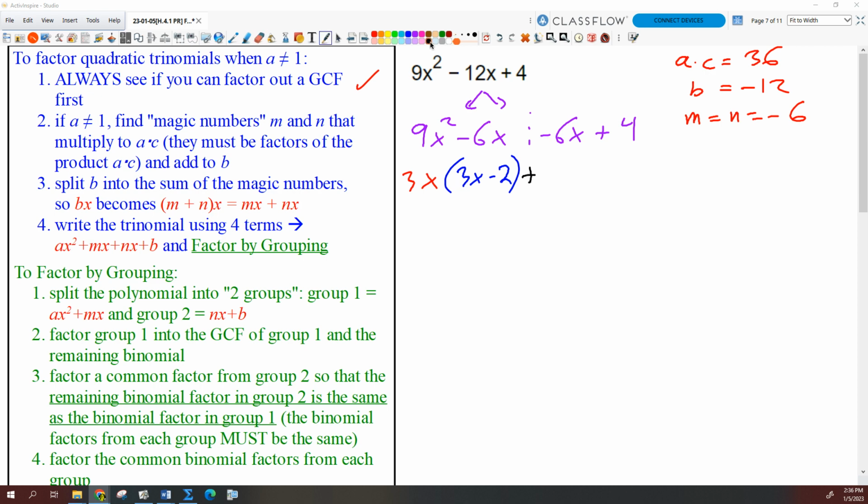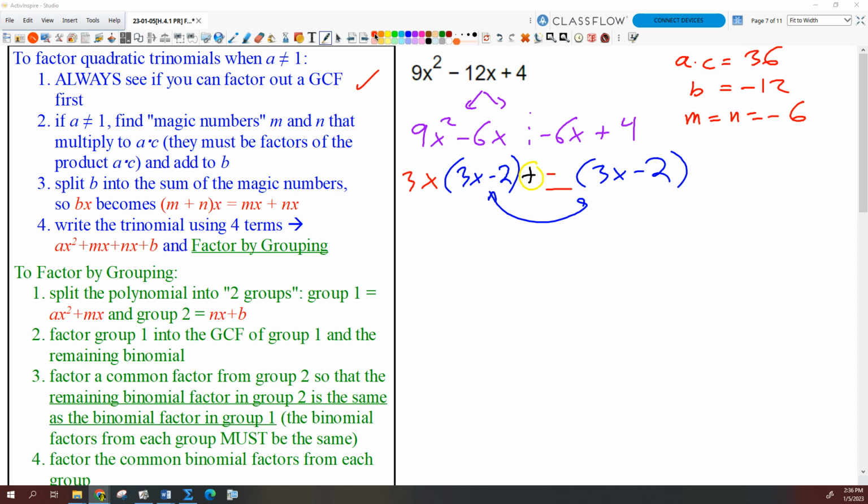We're going to put a plus sign in the middle. And what has to happen in the second group is I absolutely have to have the same leftover factor that I had in the first group. It's guaranteed to work, so I can just write it that way right now. 3x minus 2. And then we just ask the question, what would I have to undistribute to make that happen?